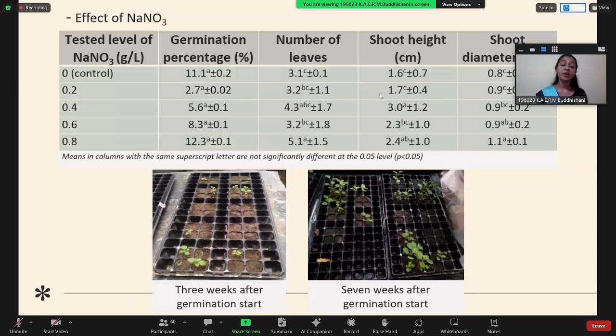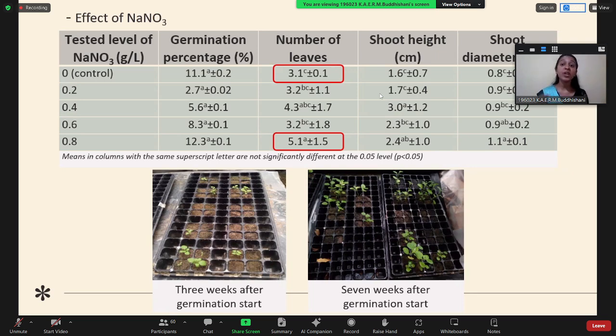There was no significant impact of the tested levels of sodium nitrate on germination percentage, but there was a significant impact on growth parameters. Considering the number of leaves, the highest mean was recorded at 0.8 grams per liter and the lowest in the control.